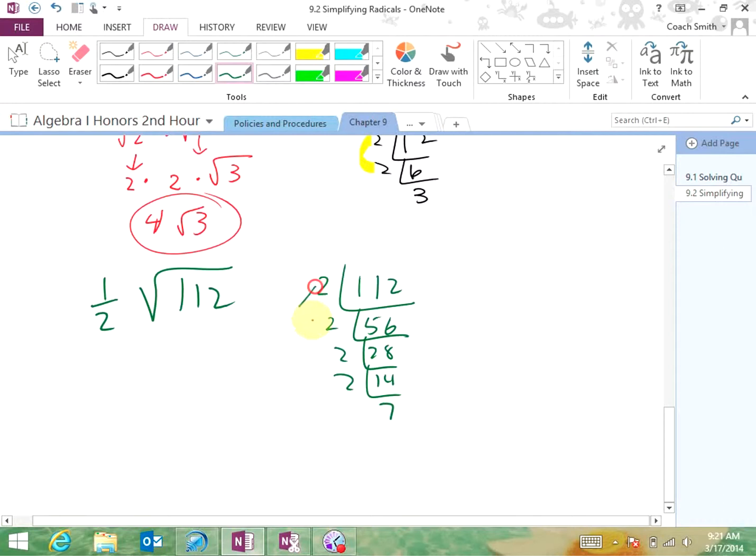Okay, and if you list it in their pairs, that gives me 1/2 times the square root of 2 squared times the square root of 2 squared times 7, not 4, 7. Because 4 would be just 2 squared again.